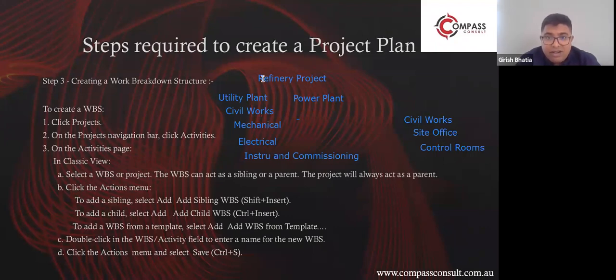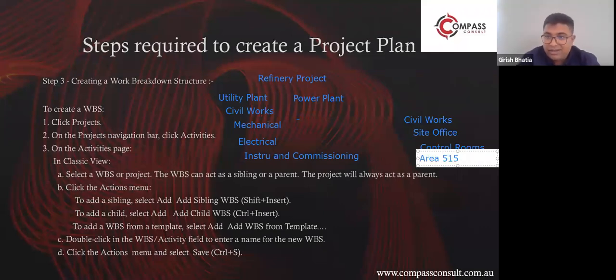Now you see, what we are doing is we are having one refinery project wherein we are having one utility plant which has got civil works as a WBS, mechanical as a WBS, electrical as a WBS, instrumentation and commissioning as a WBS. And then each one of them has got their own WBSs. So civil work has got site office, control rooms, area 5 and 5.